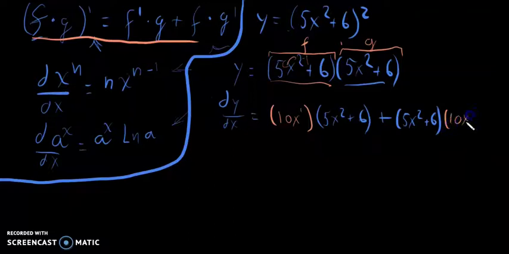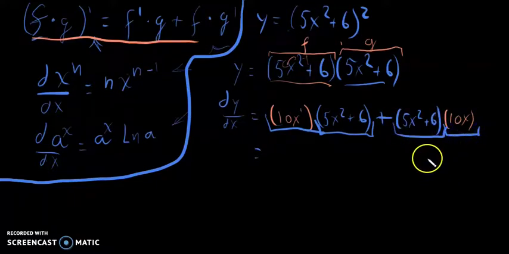So 10x. Okay, maybe we can simplify this a bit further to see if there is something that we can spot. Well, right off the bat, we see this has a 10x and this has a 5x squared plus 6, right? That's our first term right there. The second term has also a 10x and a 5x squared plus 6.